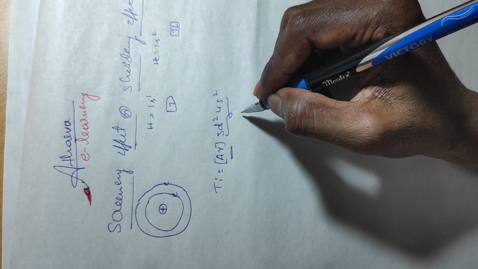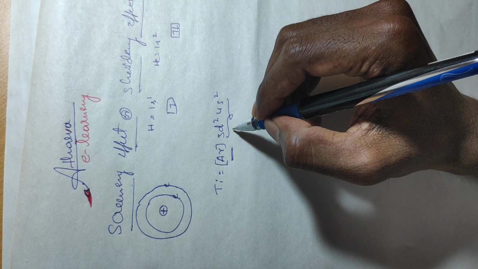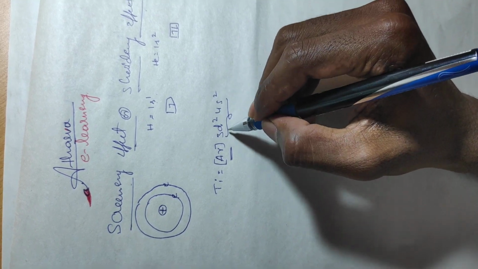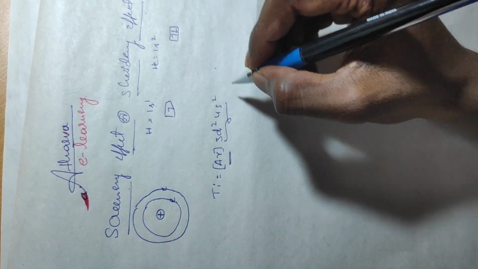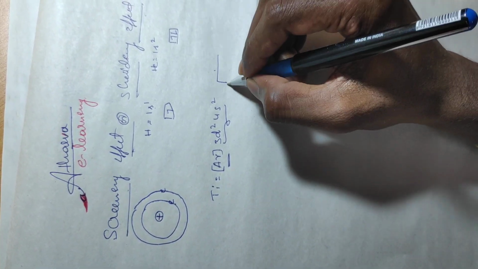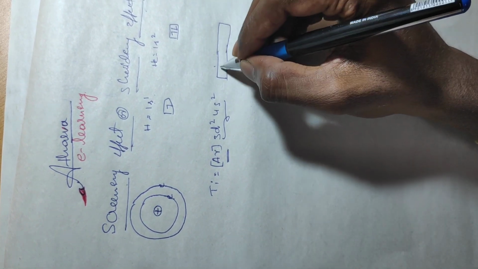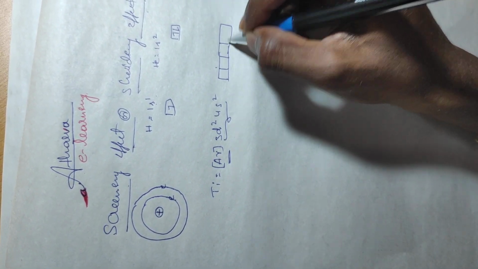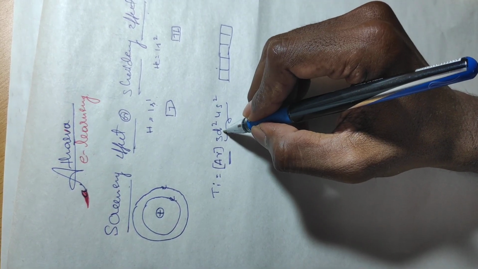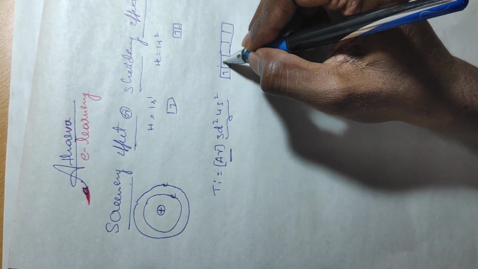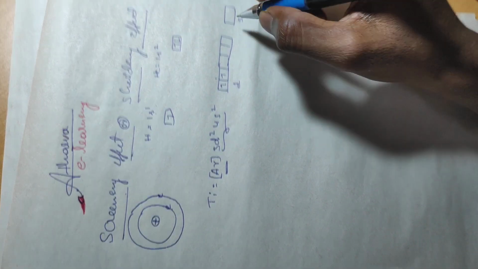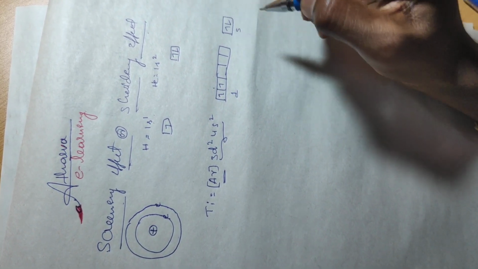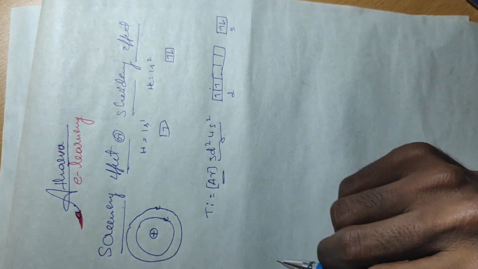Valence electronic configuration means the valence orbitals contain these many electrons. If we consider the d orbital, d has 2 electrons, 1 and 2. And s contains 2 electrons. So that is the electronic configuration of titanium.